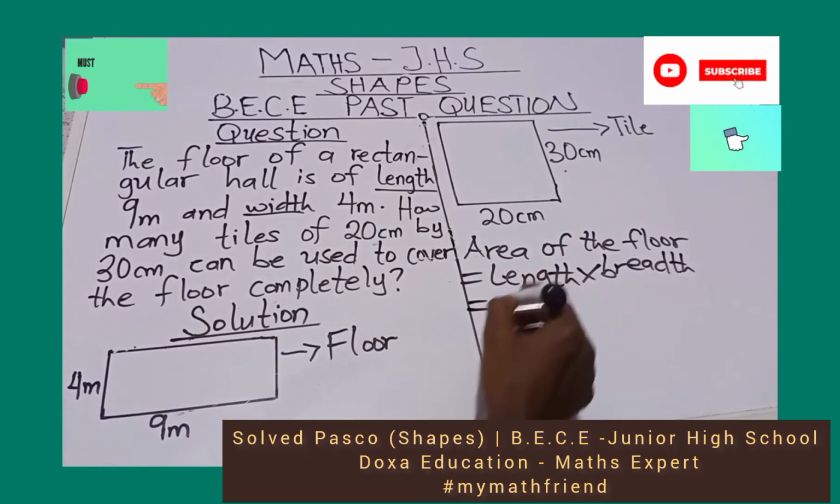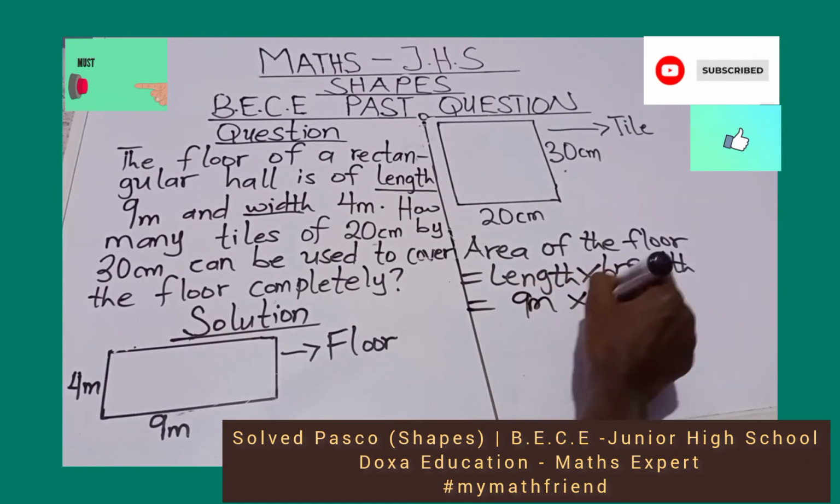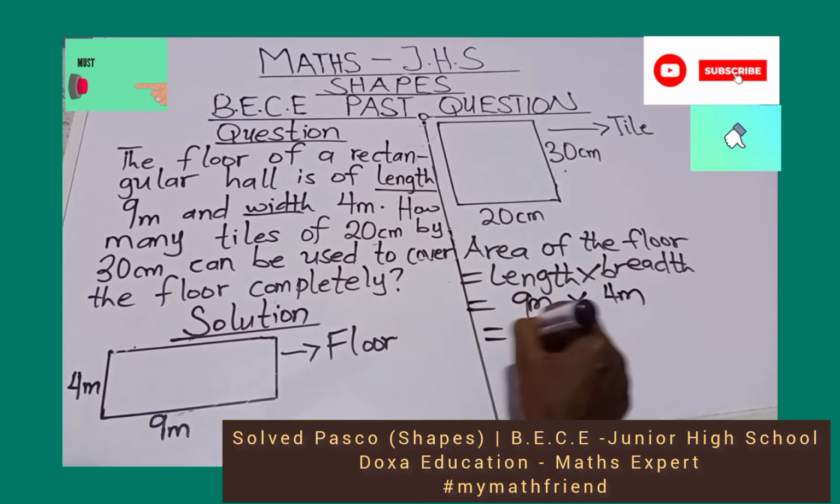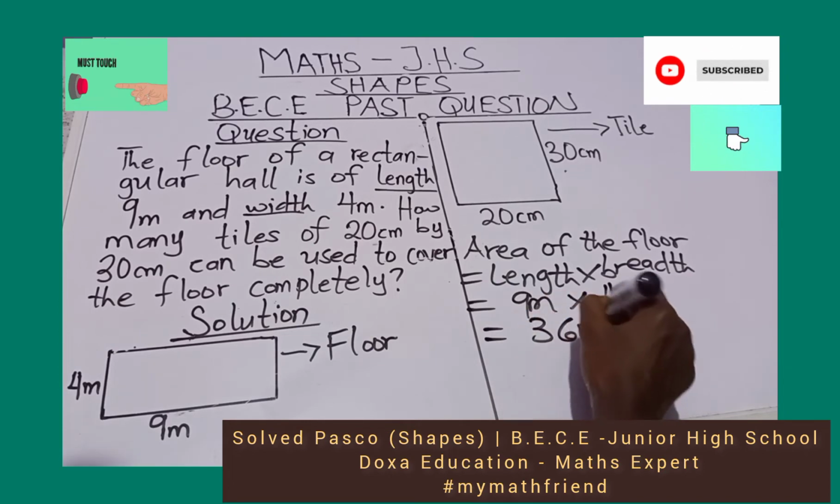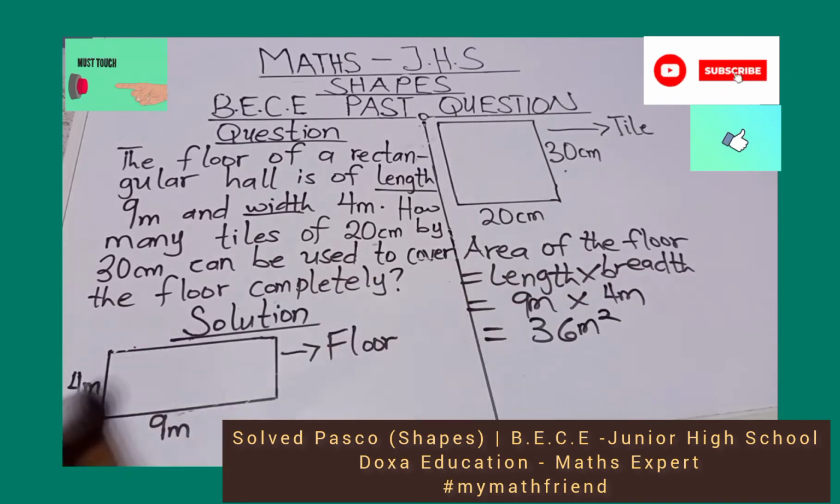The length is 9 meters by 4 meters. 9 by 4 is 36 meters squared. Don't forget to add your meters to the power 2. Good. Are we done? No, we're not done.